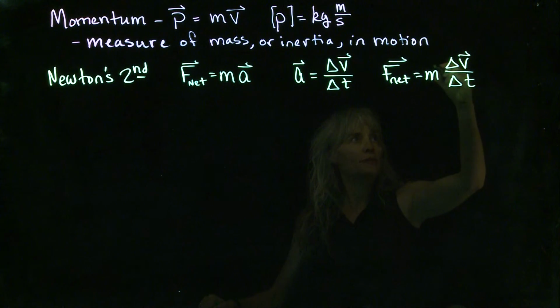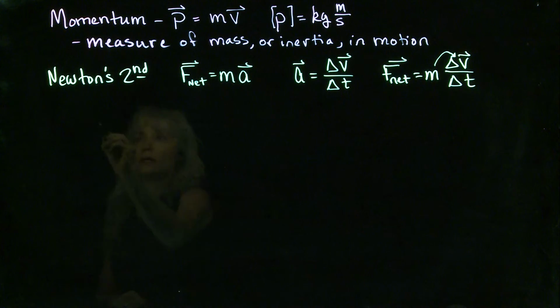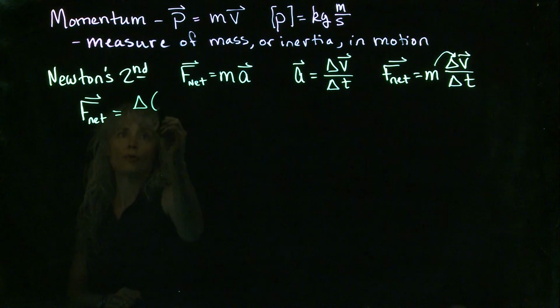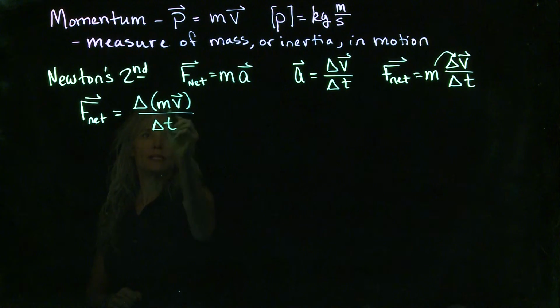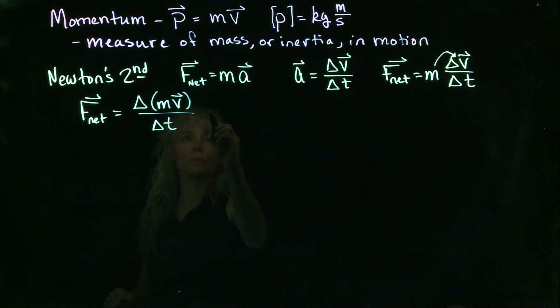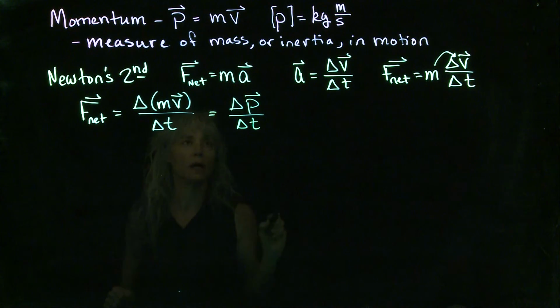And now notice that if I tuck mass inside the delta symbol there, I will have Newton's second law as the net force is equal to the change in the product of the mass and the velocity divided by the time. And notice that this quantity in parentheses now is our definition of momentum. So this is equal to the change in the momentum of an object divided by the change in time.